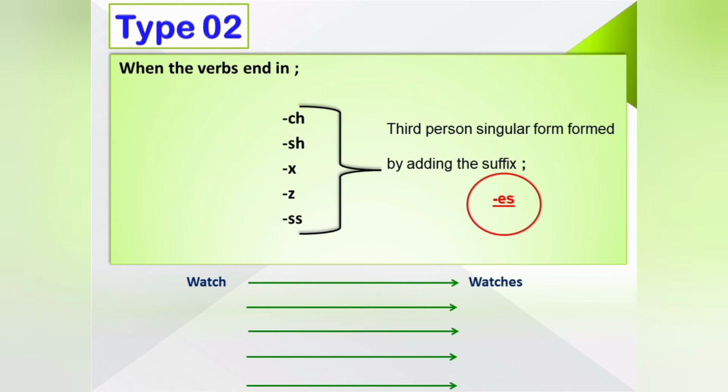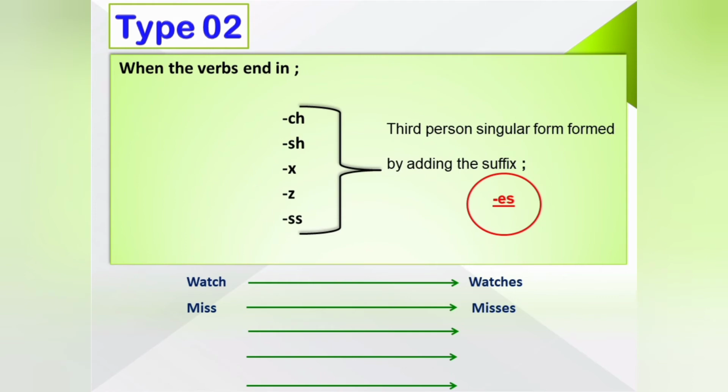Watch changes to watches. You can see that this word ends with ch. So when you need to change watch into third person singular form, you have to add the suffix es, and you can create the third person singular form as watches.